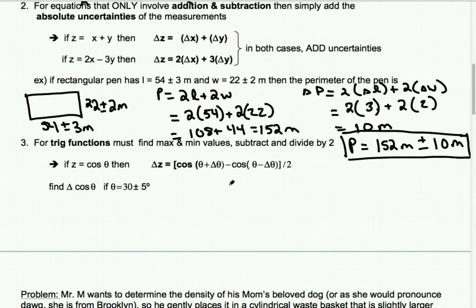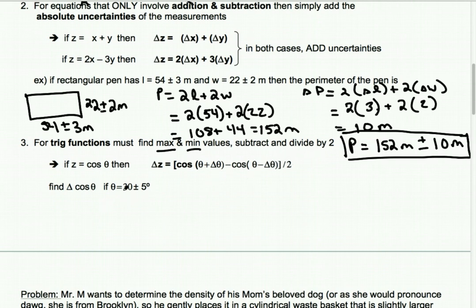And then last but not least is if you're dealing with trig functions. Basically the idea here is you're going to find the maximum value and then the minimum value that it could be, and then subtract those two and then divide by 2.